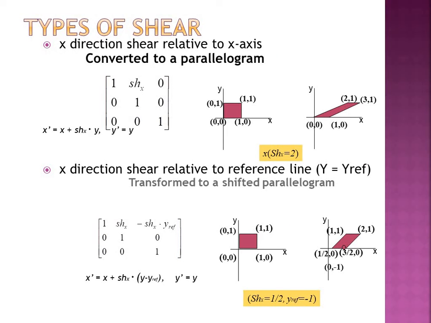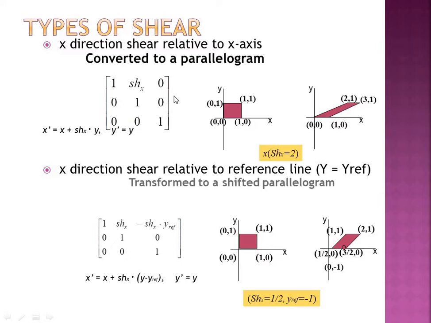So, types of shearing transformations. Types of shear. First of all, we will see the x direction shear relative to x axis. This is the standard matrix that we can apply on any object to perform x direction shear relative to x axis.